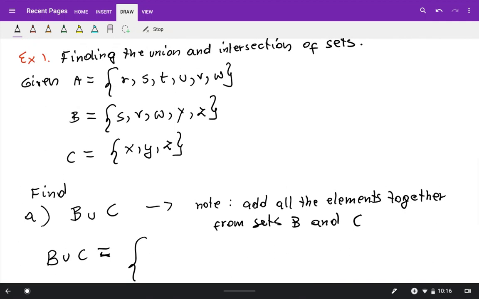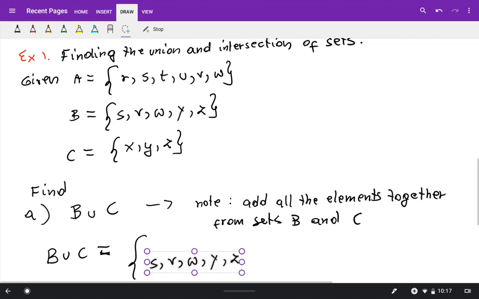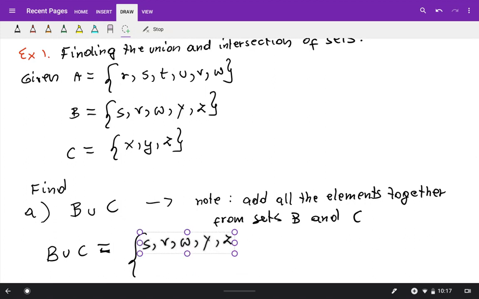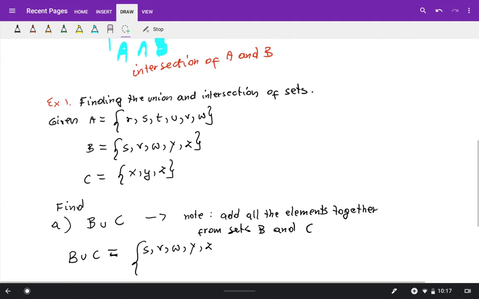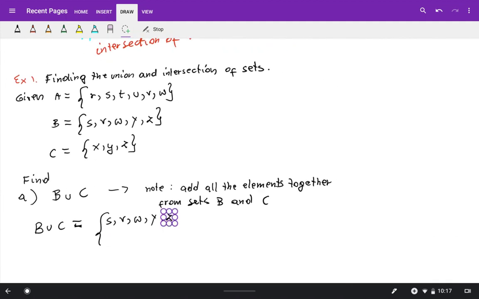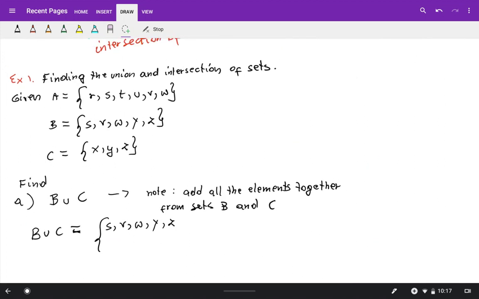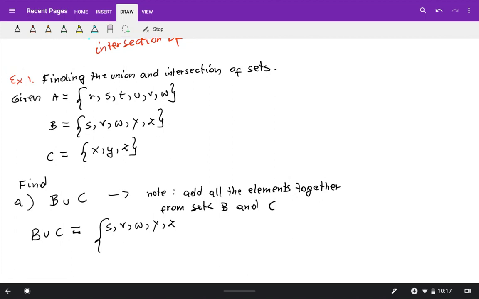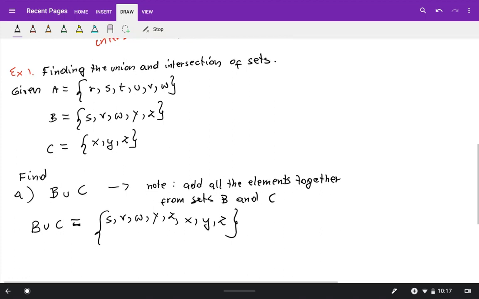First I'm going to copy all the elements from set B. Now I'm going to add all the elements from set C, which is X, Y, Z. Now look what happened.